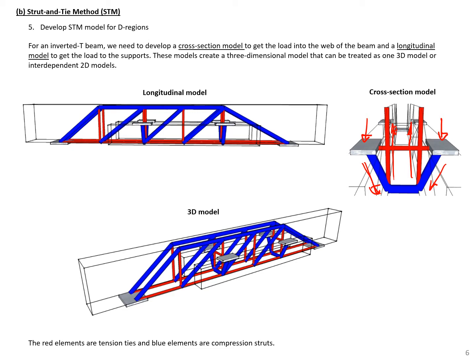So we have a cross-sectional model to get the load from our ledges into the beam, and then we have our longitudinal model to get the load from the hanger ties into the supports. So we're going to look at our longitudinal and cross-sectional model, but these two models make up a full three-dimensional model as shown here. Also note in these models, our red elements are all tension ties, and the blue elements are all compression struts.